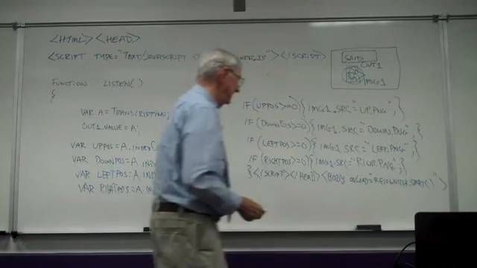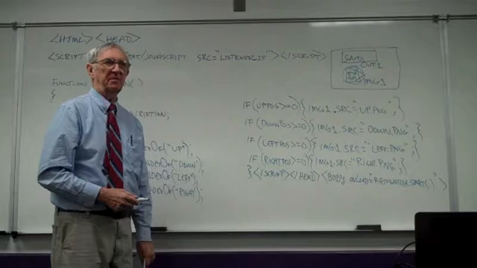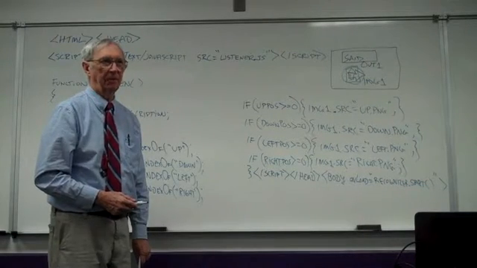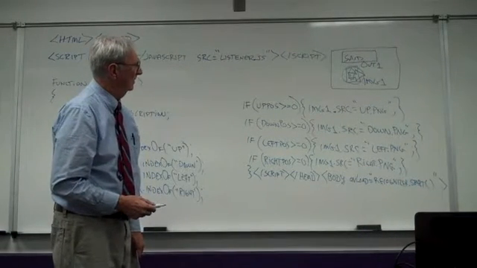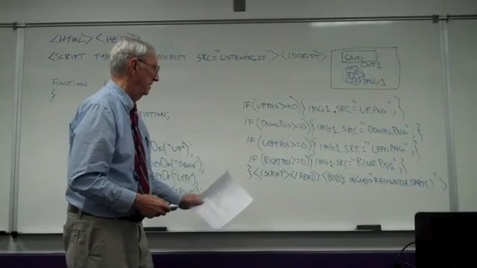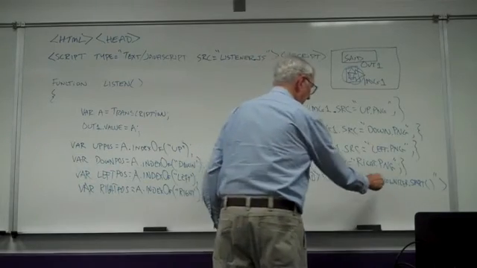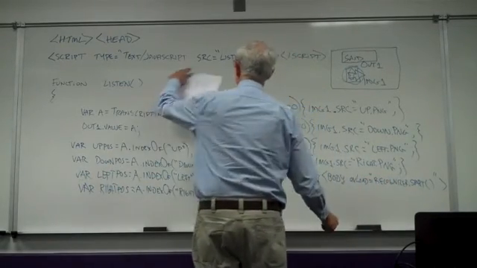I might have also centered the text on the screen, but that doesn't change anything. So that right there tells you, on load, that you're going to use listener right here.